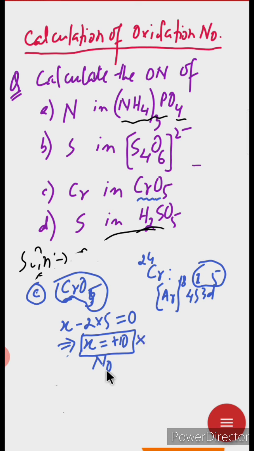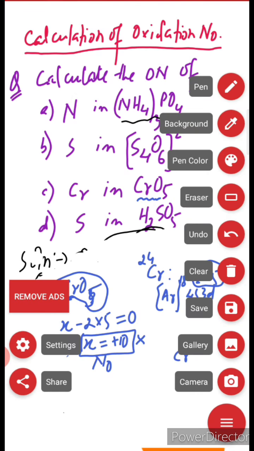So the correct way to calculate the oxidation number of chromium in this complex is through the structure. In fact, the structure of this oxide of chromium will be like this.